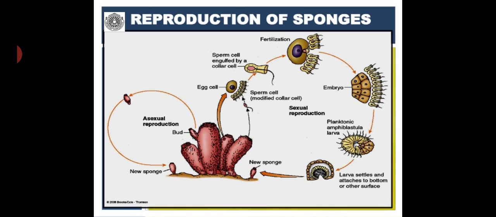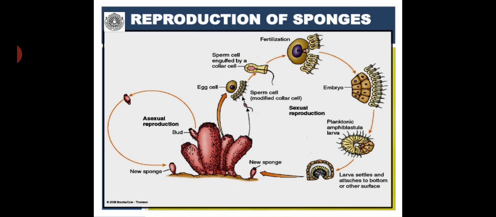That zygote develops into an embryo after cleavages, and the embryo undergoes some changes which produce a larval stage called amphiblastula larva, which exhibits a planktonic nature. Hence it is described here as planktonic amphiblastula larva.